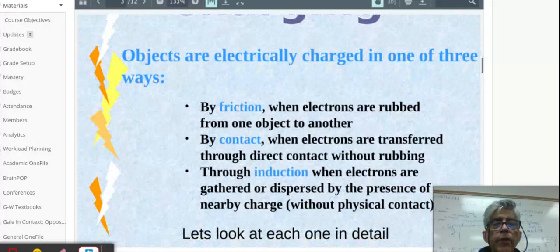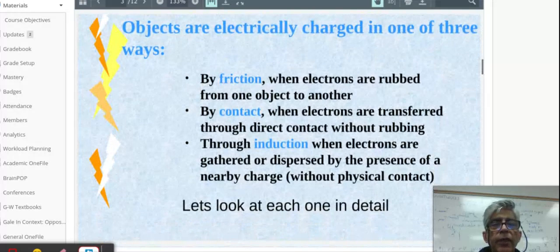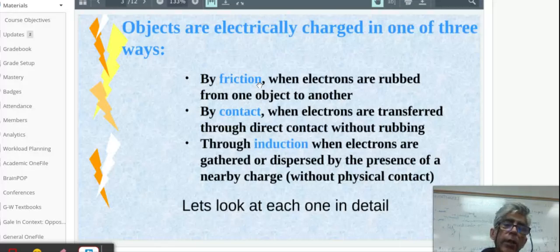So there are three ways that we can charge something. If I have something and I want to make it positively charged or negatively charged, there are three different ways that I can do it. One is by friction, so I just rub two things together, and we'll look a little later at this thing called the triboelectric series, which basically is a series that tells you who prefers electrons more than the other guy.